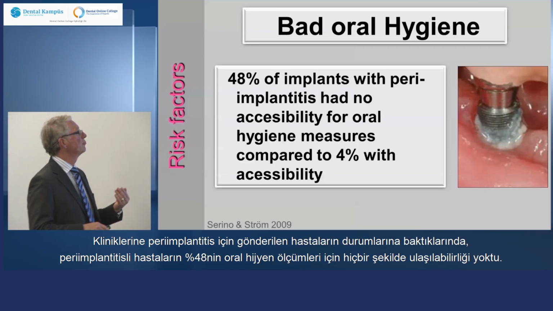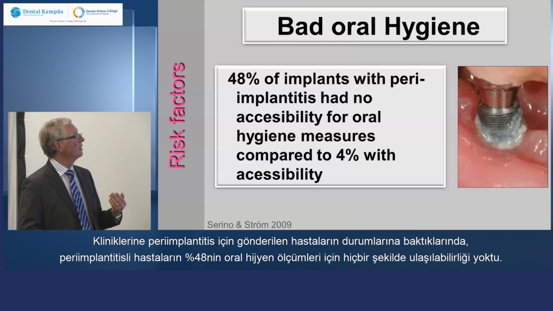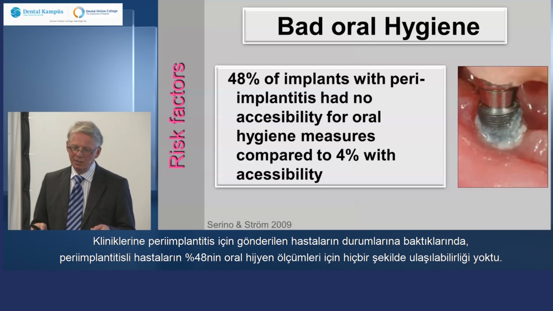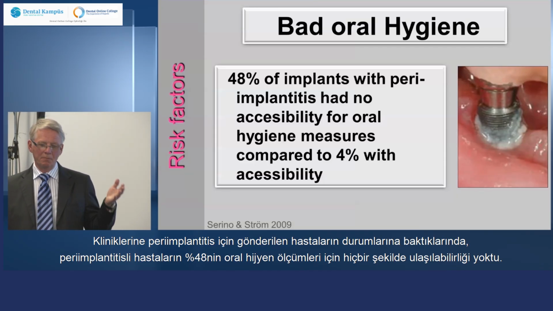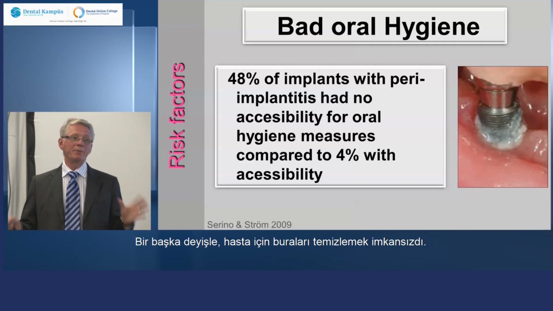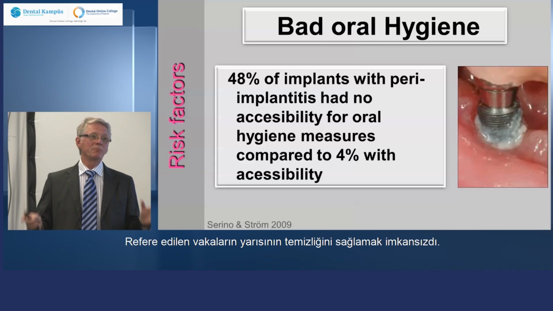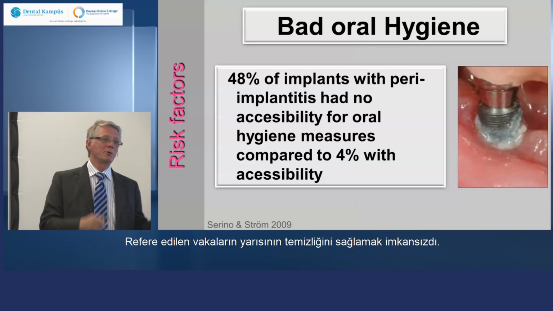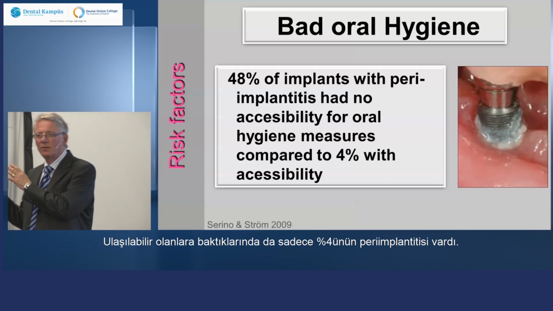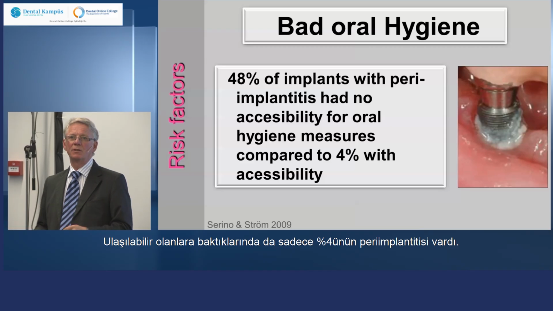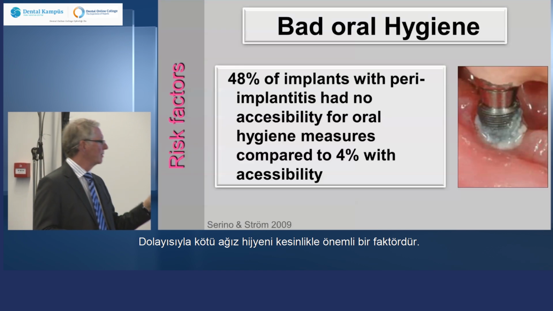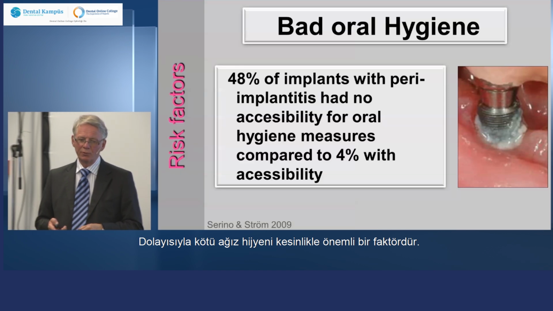They found that 48% of the implants with periimplantitis had no accessibility for oral hygiene measures at all. So it was, in other words, impossible for the patient to clean those. Half of the ones they got referred were impossible for the patient to clean. And when they looked at the ones that had accessibility, only 4% had periimplantitis. So bad oral hygiene for sure is an important factor.